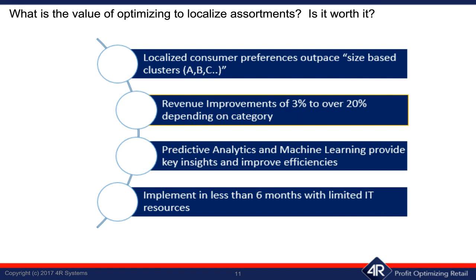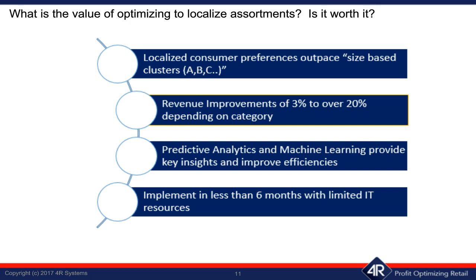So the first question that many people ask when looking at the idea of localized assortments is, is it worth it? And we'd like to point out, number one, that localized consumer preferences outpace size-based clusters. And it outpaces them in two different dimensions. One is in revenue performance, and the other one is in frequency.